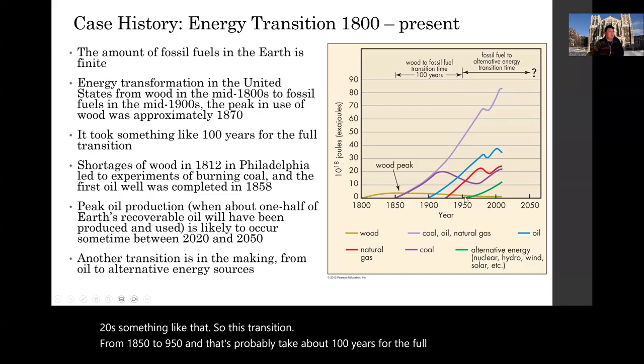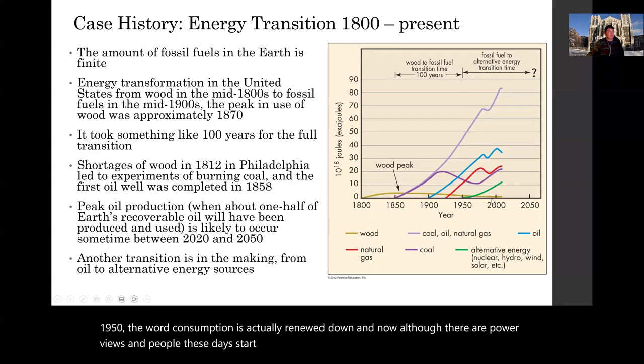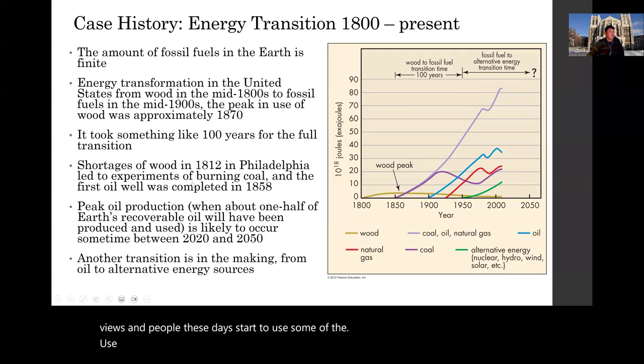By 1950, wood consumption has actually declined, and now, although there are biofuels, and people these days start to use wood as an alternative energy, coming back to using wood.